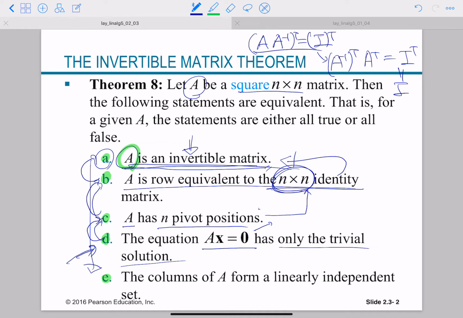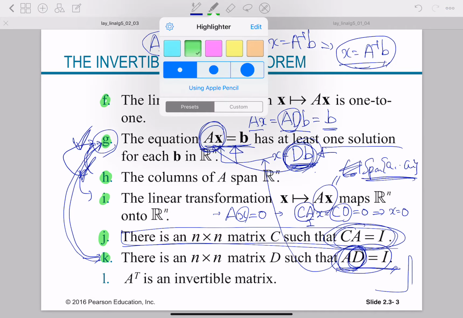Now we found the inverse of A transpose as this, right? Because it is multiplied on the left and forms the identity matrix. So (A inverse) transpose is the inverse matrix of A transpose. Okay, so the inverse of A exists, and then the inverse of A transpose also exists. That's the theorem L.